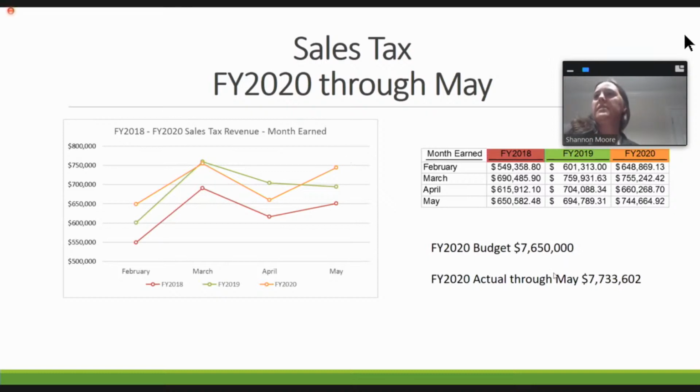And as you can see, based on the information that we have received for 11 months, we will be well over budget by the end of the fiscal year. That's very exciting news. Anecdotally, do you know what June normally looks like?